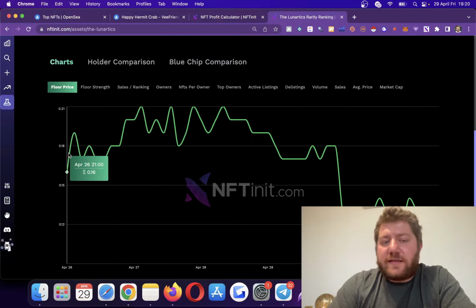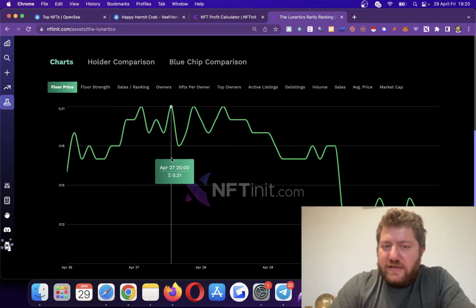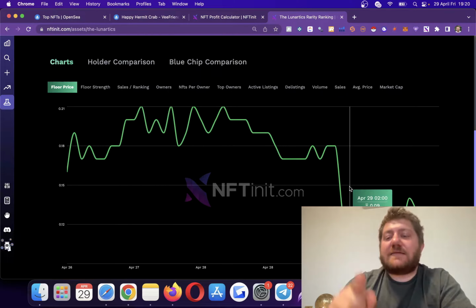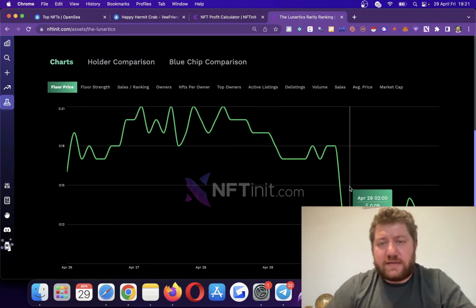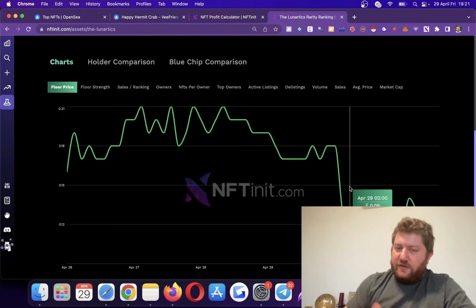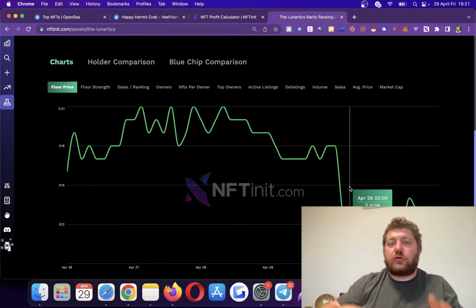Probably it launched around the 26th, and the floor price actually dropped a little bit. So I bet that the reveal was on the 29th. Actually, it was today. Probably with USA time, it was last night. Why I'm saying that is because most of the collections come in a phase that is called unrevealed.